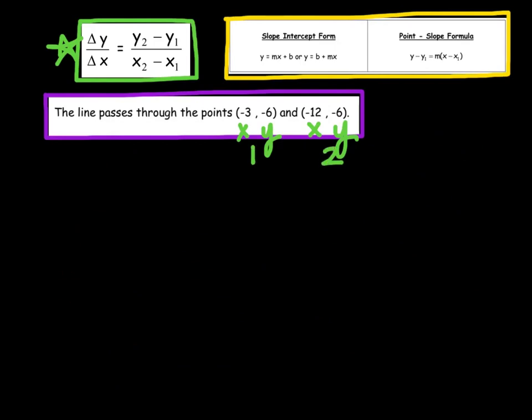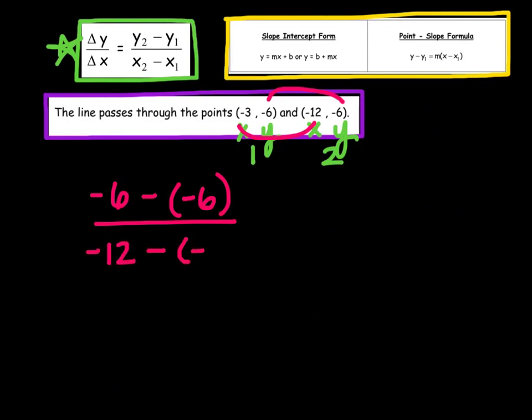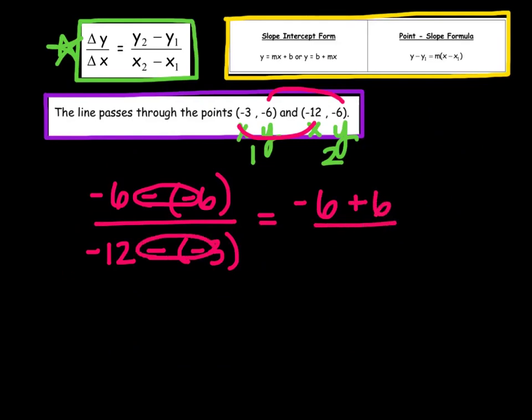So I'm going to start by taking y2 minus y1. So we have -6 minus -6 in this case over my x's, which in this case I have -12 minus a -3. Okay, so really again, understand that this changes to a positive, so this becomes -6 plus 6, and this again changes to a positive, so this is -12 plus 3.